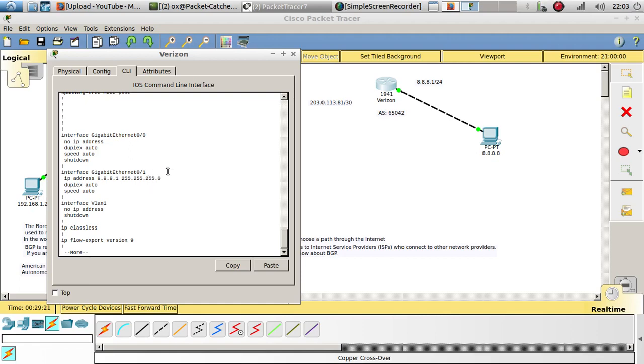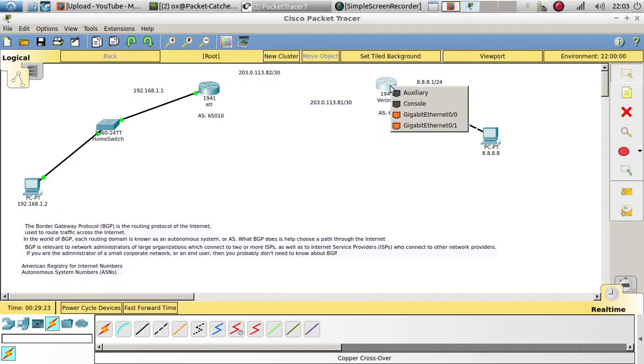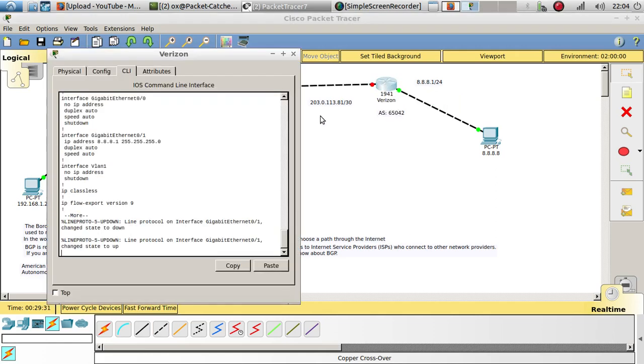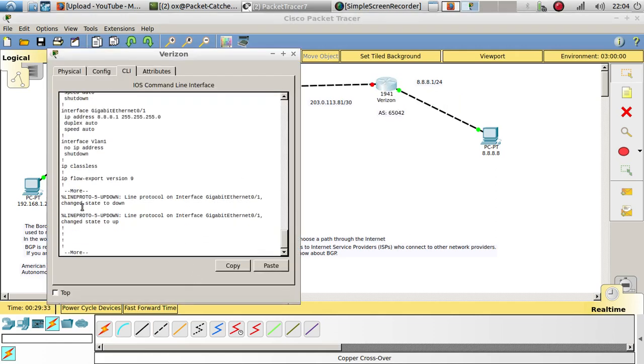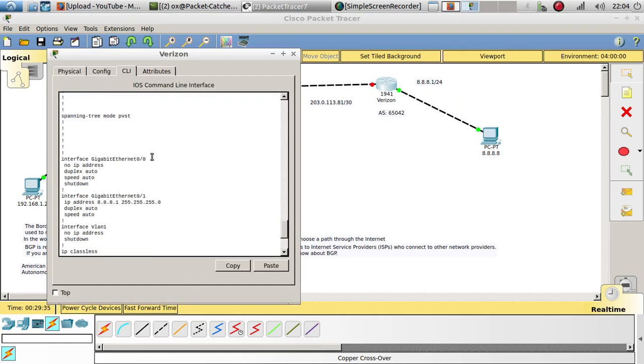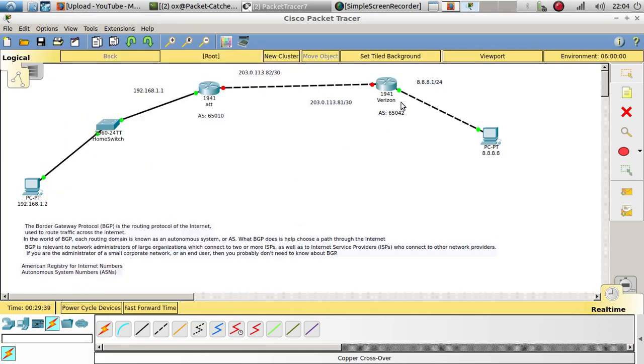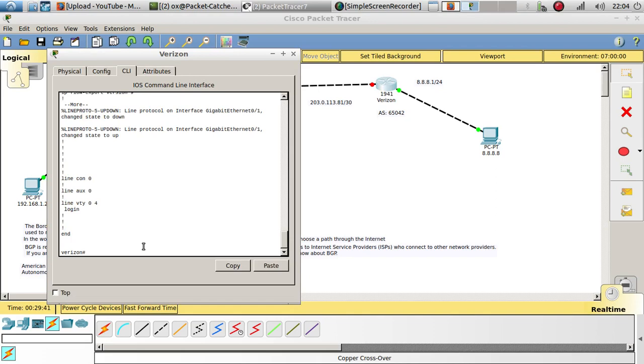So this is supposed to be connected to 0/1, not to 0/0, and this one is going to be 0/0. So this is 0/1 and this is 0/0. I believe I configured the wrong one. Let me see. 0/0 does not have an IP address right now. Let's go ahead and configure that over here.